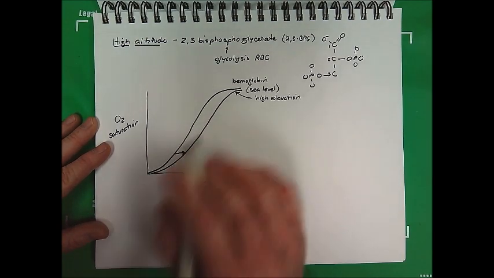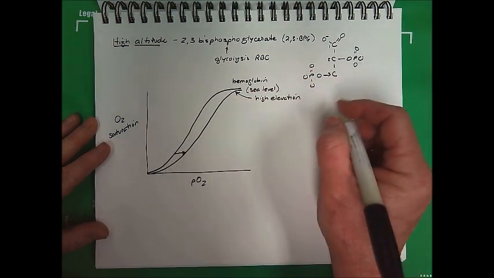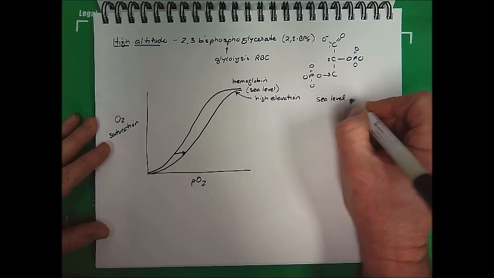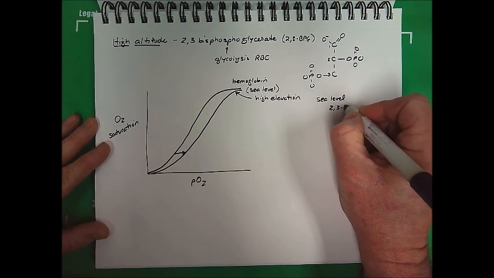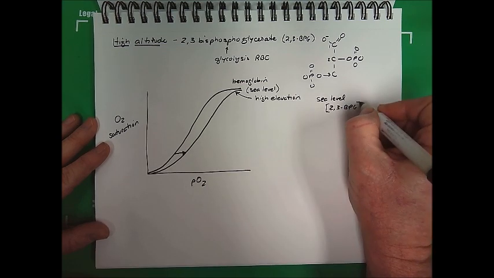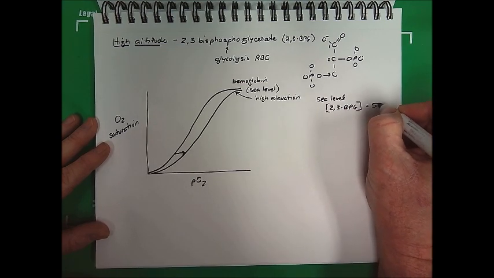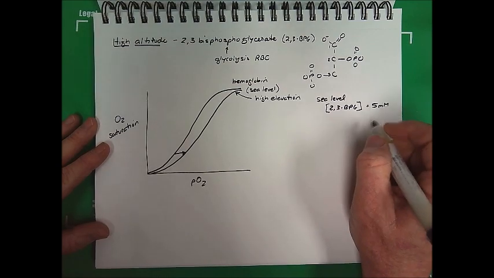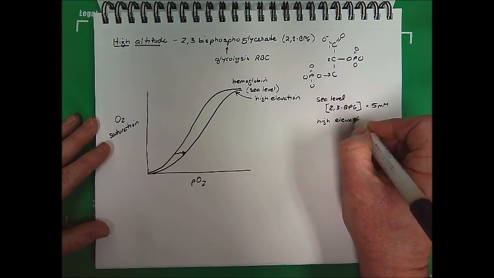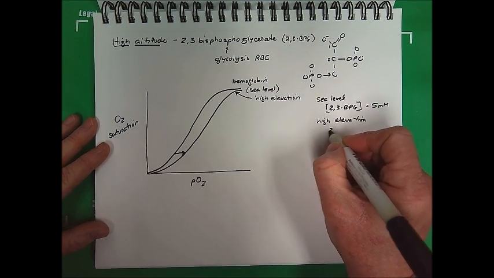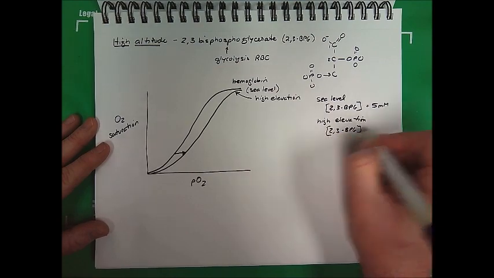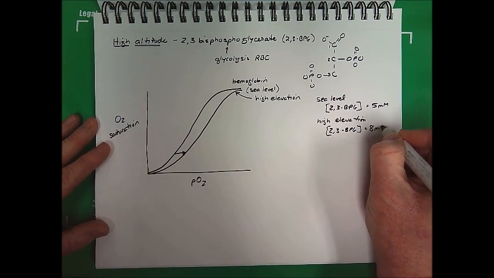It doesn't take much to do this reaction. Let's say that at sea level, the 2,3 BPG concentration is equal to approximately 5 millimolar in red blood cells. At high elevation, this concentration is going to be increased to, say, 8 millimolar.